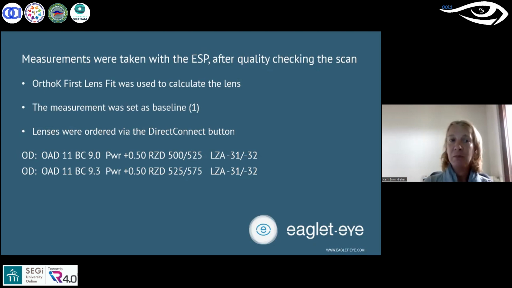So you've got your comparison maps. In this case, you've got your power of 0.50, which needs to be sitting at the pupil center to give you that spectacle blur. The diameter is based on the HVID, and then of course the landing zones and the return zones are calculated by the data that we've got with the ESP.